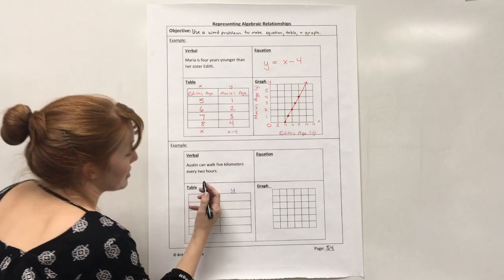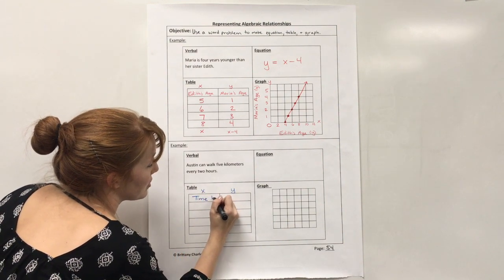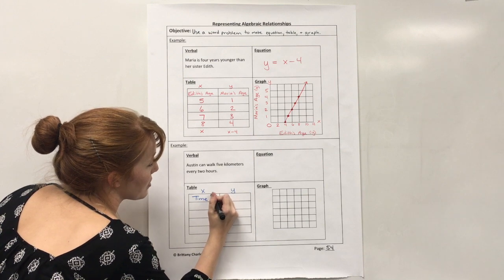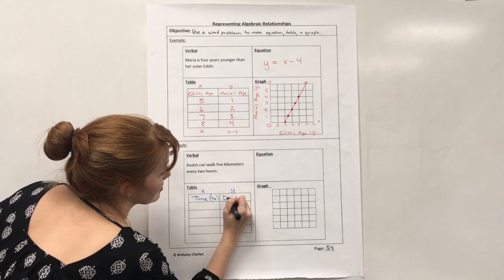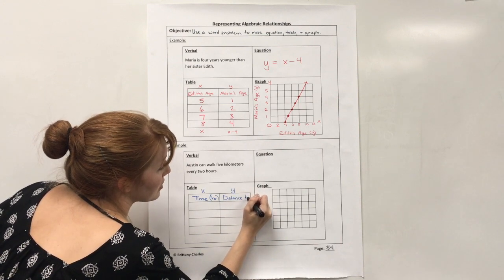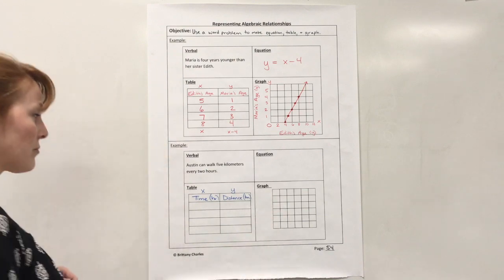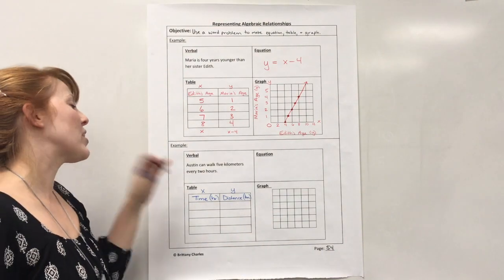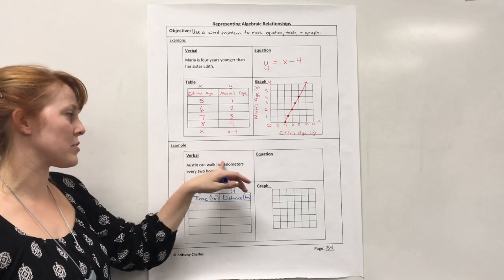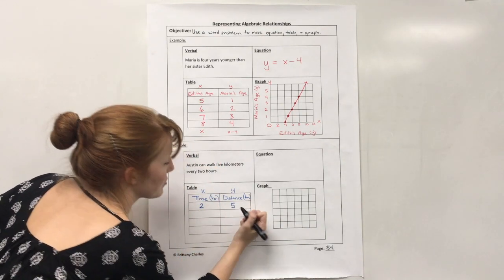All right, so that means that my time is independent, and I'm gonna put HR for hour. And then distance would be dependent, and I'm gonna put km for kilometer. Okay. So it already told us this right here, 2 hours is 5 kilometers.